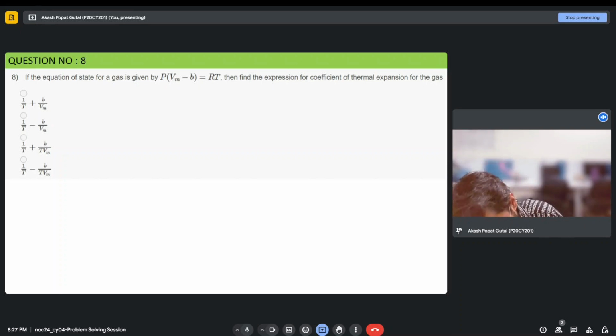So we have P into Vm minus B equal to RT. The coefficient of thermal expansion is nothing but alpha.